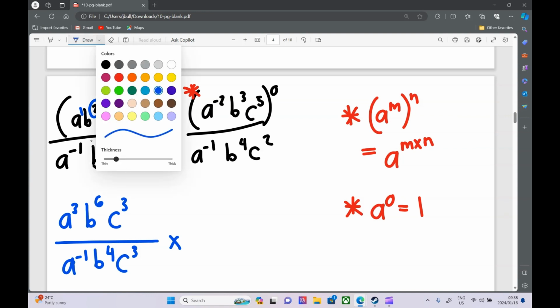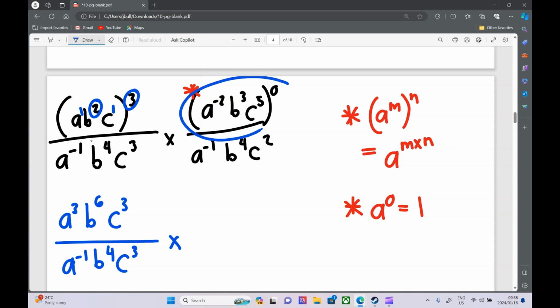Okay, so here, this entire bracket to the power of 0 just becomes 1. That one they check a lot because they want you to do all that multiplying out, but actually you can just use that rule. So anything to the power of 0 just becomes 1, and the bottom is going to stay the same. C squared.